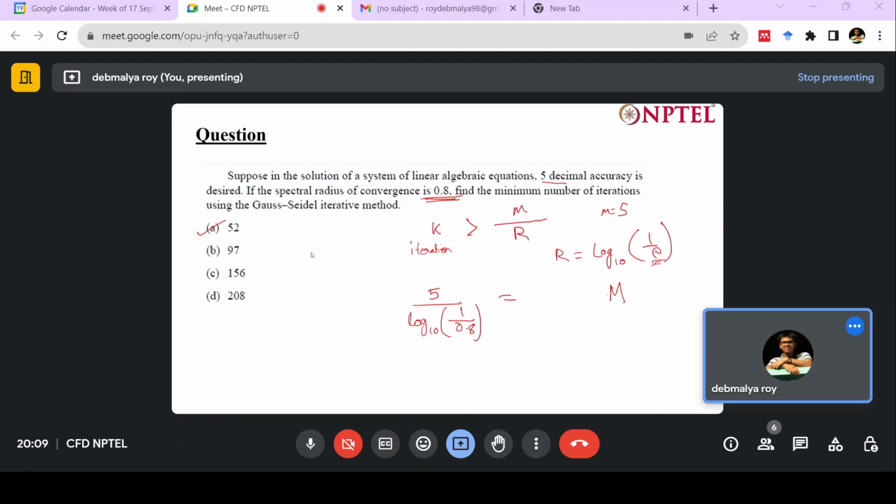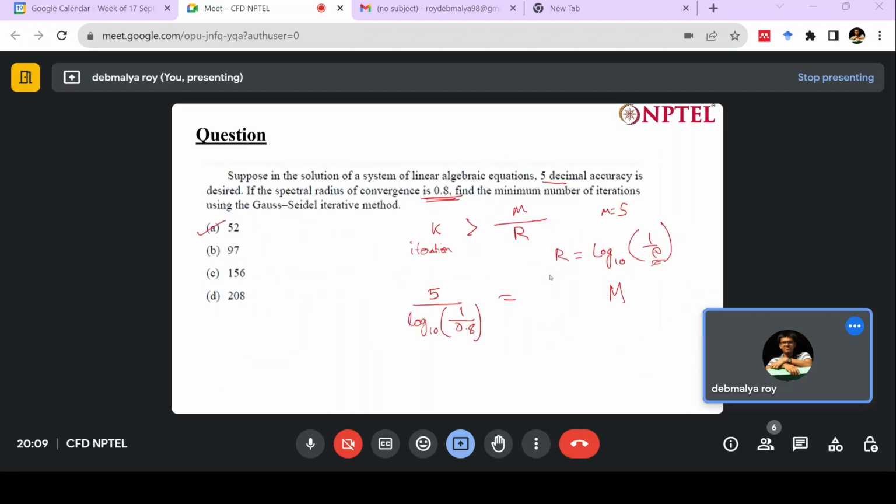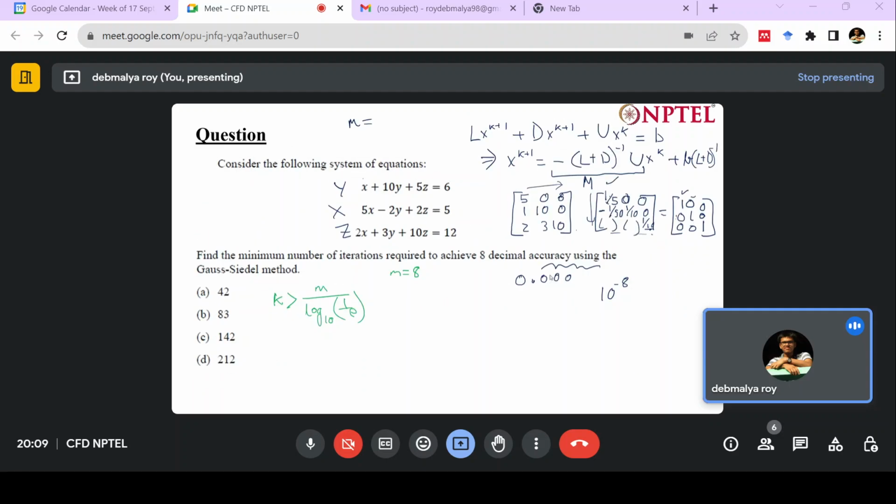So where is the Scarborough criteria? Yeah, I have written it here. In the Scarborough criteria, you see that this particular term is less than or equal to 1. So what we can do is take our spectral radius to be equal to this. And this is much easier to calculate compared to taking the inverse of this m and doing the calculations.